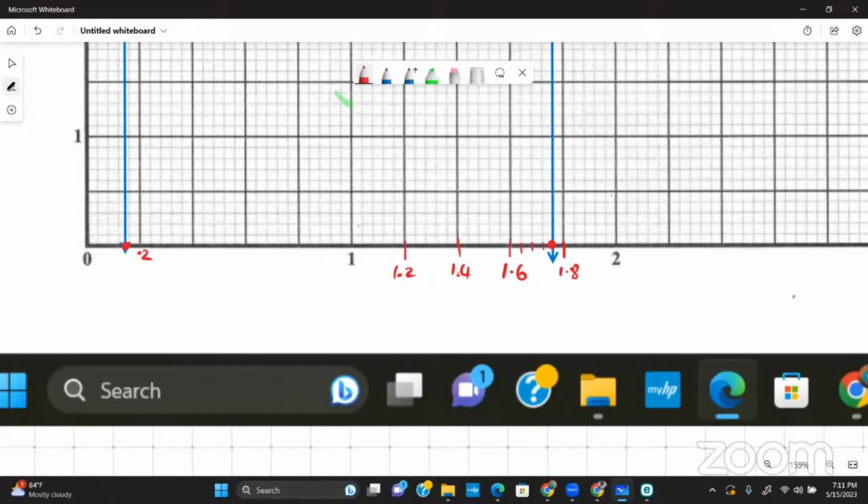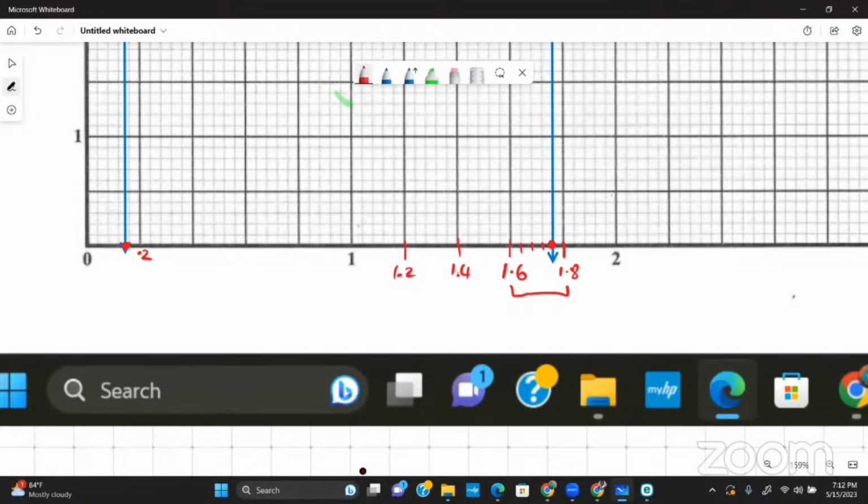1, 2, 3, 4, 5, between 0.6 to 0.8. You can do that from now, or you could split up between 1 and 2 into all the little pieces that you see. Or since you know that we have 1.2, 1.4, you could work between that.